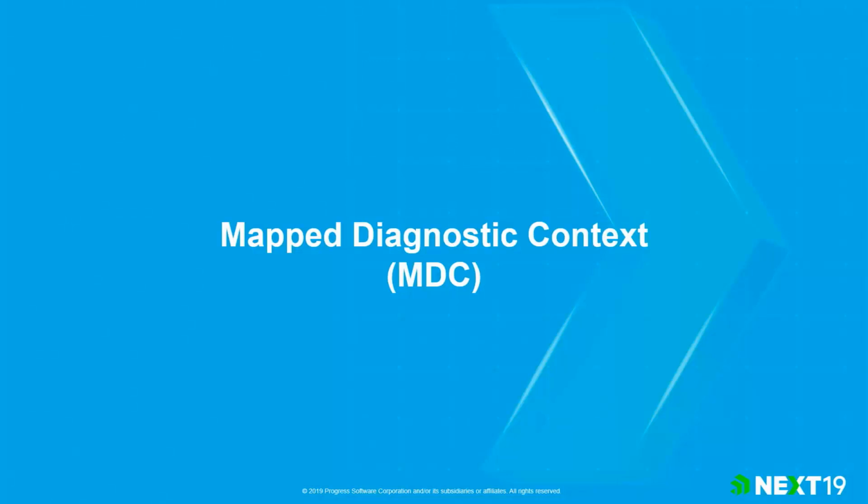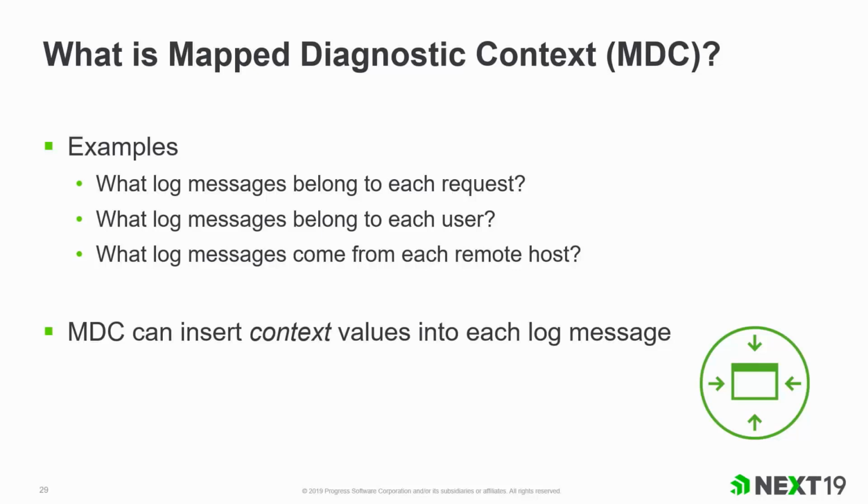Okay, I've mentioned a couple of times now this buzzword Mapped Diagnostic Context. What is that? Well, Mapped Diagnostic Context, MDC, solves a number of problems. It can answer questions like, what log messages belong to each customer, or each request, or each remote host, right?